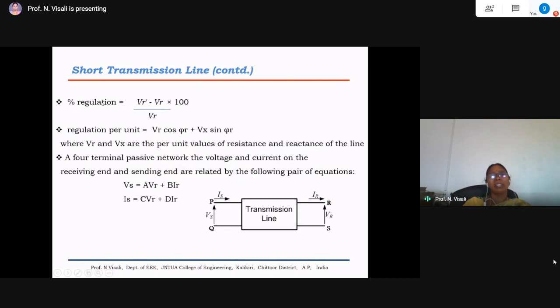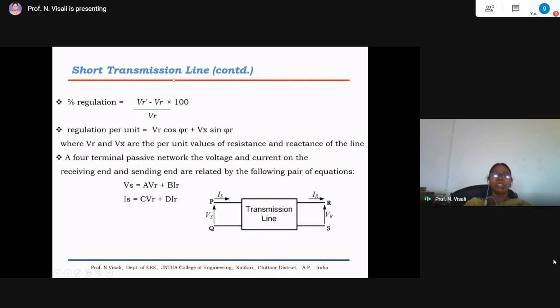Then the percentage regulation, as already explained, is the drop in voltage divided by the full load voltage. So the per unit regulation we can simplify too, taking Vr at an angle of phi r and Vr dash at an angle of phi r dash.